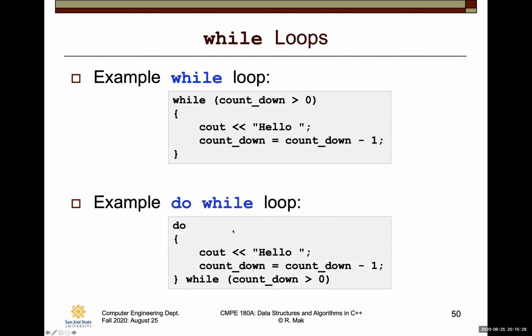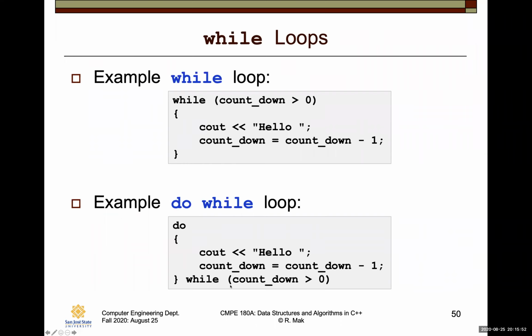Here's another version. Okay, so this version of the while loop has the test at the beginning. So each time through the loop, before you execute the statements in the loop, you do the test. Okay, and if the test becomes false, then you don't execute and you drop out of the loop. Here, this is the do while loop.